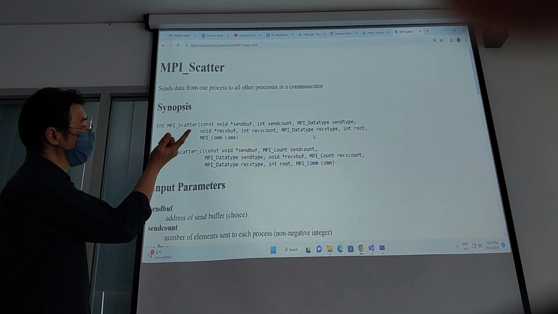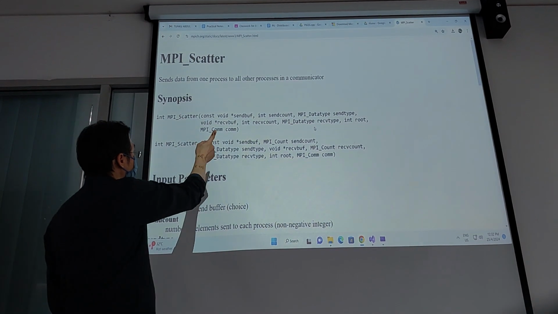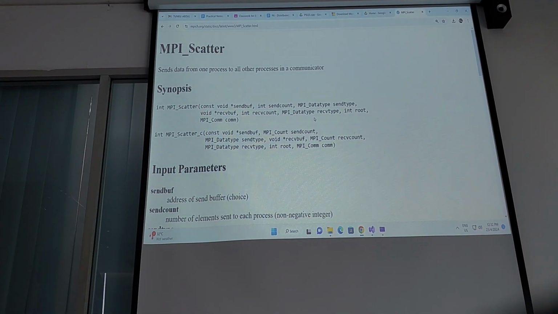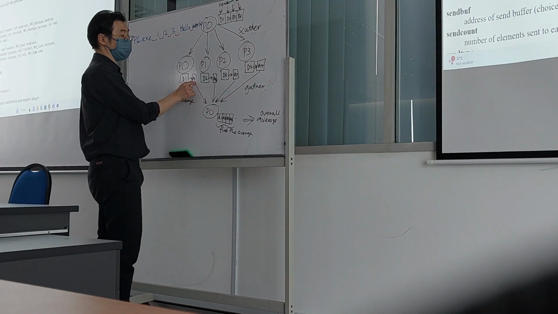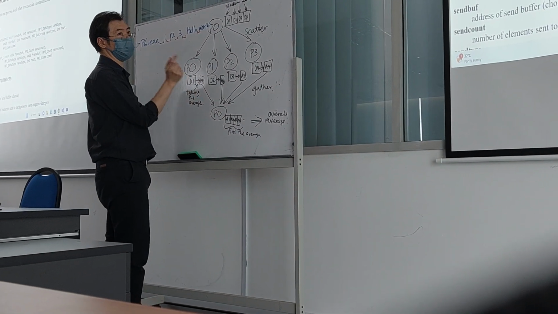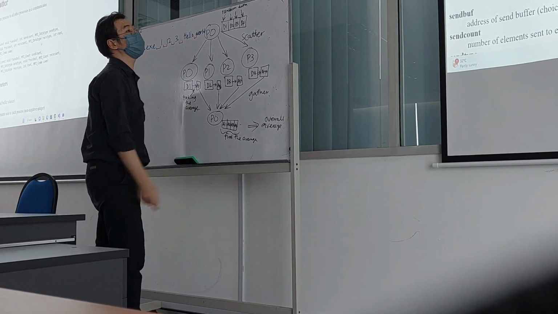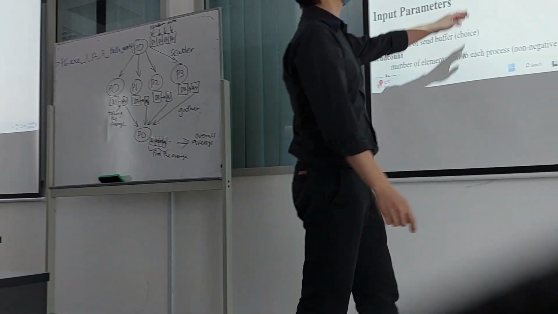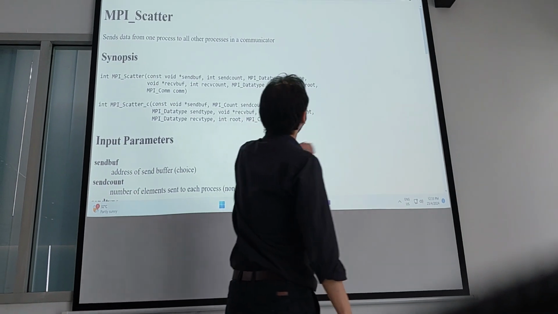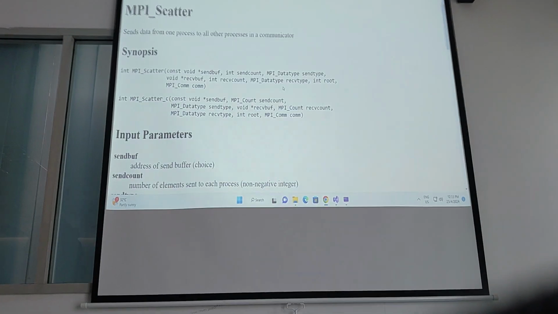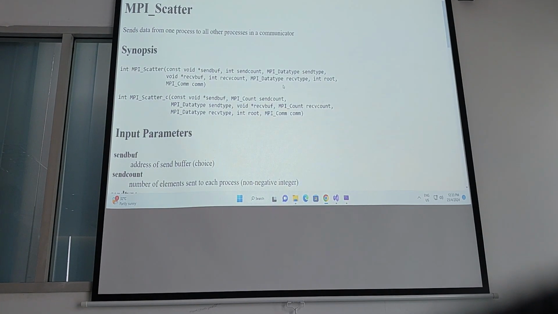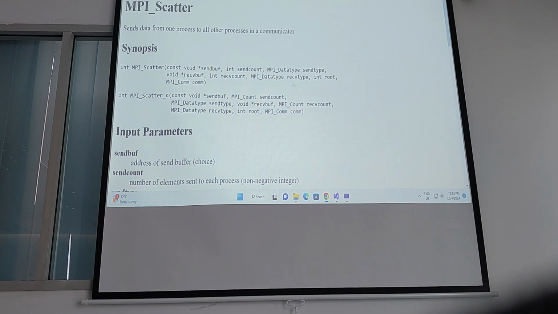And the data type you know is MPI double. And then the receive buffer is this buffer. And receive count. The receive count will be the number of data per process. Okay, the one that the user gave. Right? And the type is the same, MPI double again. And then the root is 0. The communicator is MPI comm world. Okay, so that is for the scatter. For the gather is more or less the same, I think.